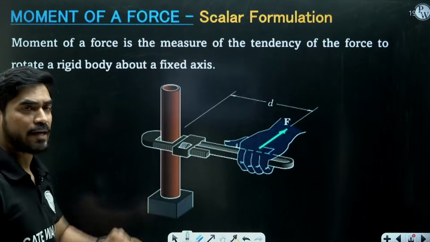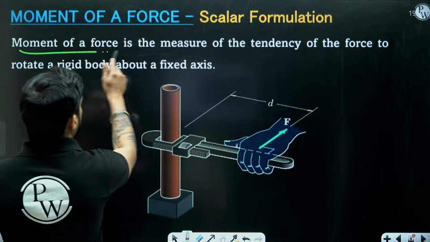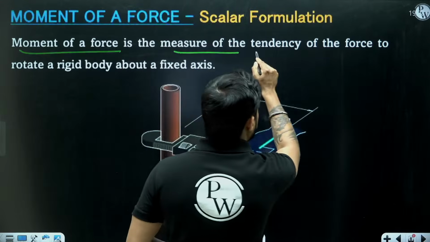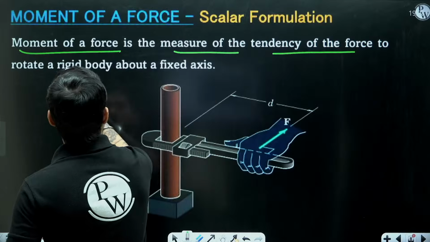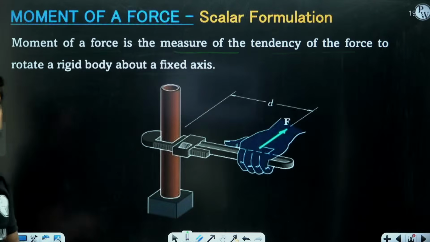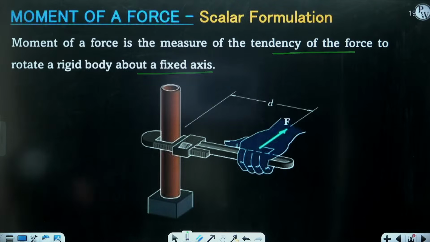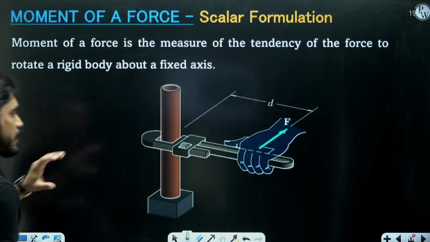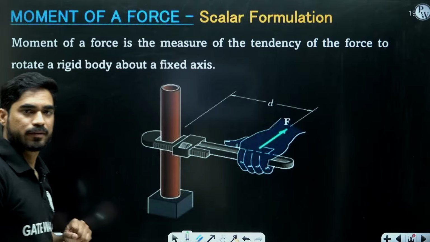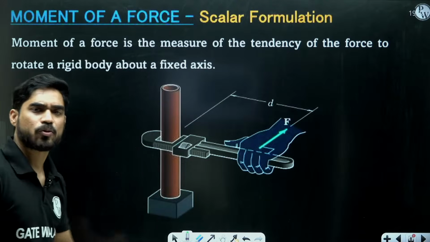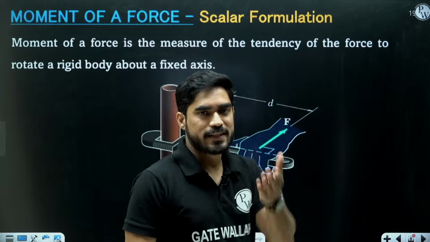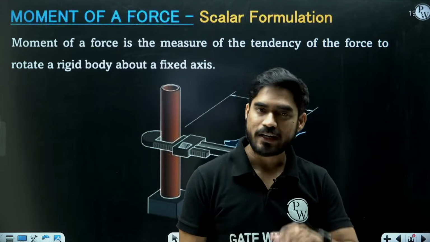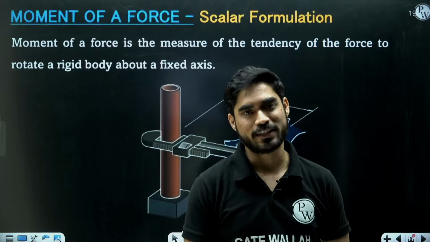So what is moment? Moment of a force is the measure of the tendency of the force to rotate a rigid body about a fixed axis. How much this force is trying to rotate the body about the axis, that is moment. Now moment can be calculated in two ways. There is a scalar way of calculating moment and there is a vector way of calculating the moment.